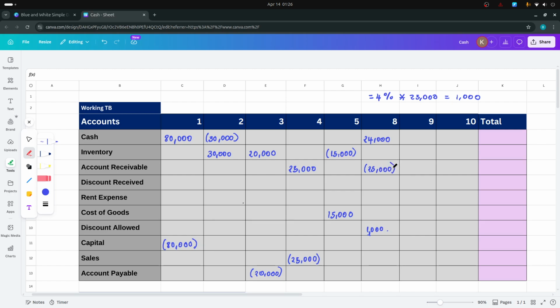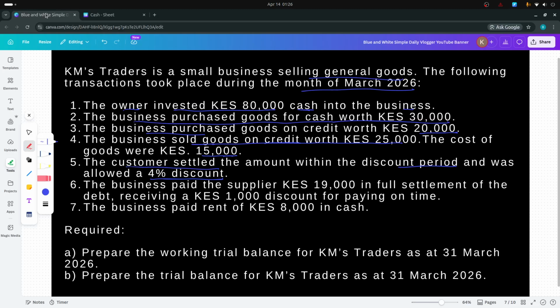Okay, and then the sixth transaction is the business paid the supplier Kenyan shillings 19,000 in full settlement of the debt, receiving Kenyan shillings 1,000 discount. Remember, we had purchased some goods on credit, if you can remember, on transaction number 3. So we paid and we received a discount of 1,000.